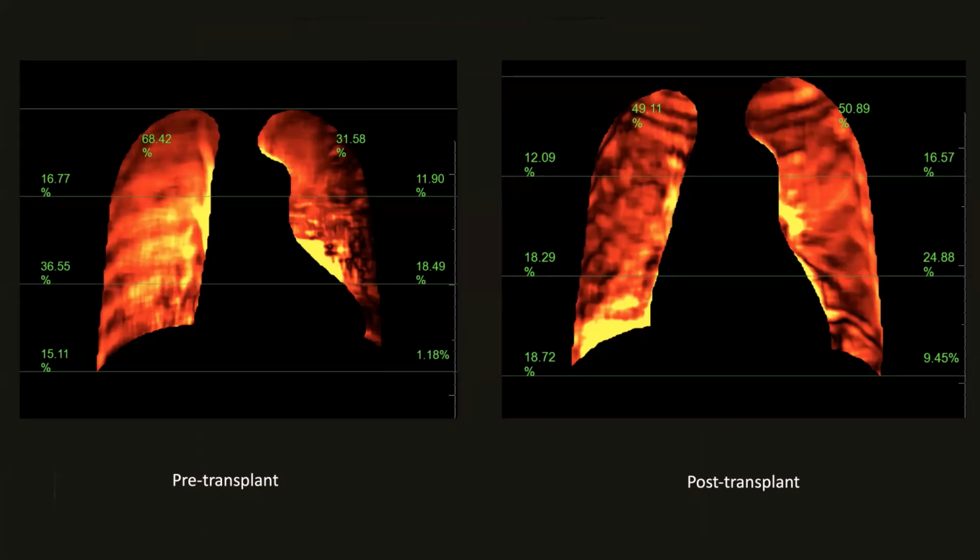You can see that the perfusion to the transplanted left lung improved, resulting in a normalization of the overall lung perfusion between the two lungs, indicating a positive perfusion response in this patient. So DDR gives us the potential to assess these lung transplant patients with one modality instead of 3 different modalities.